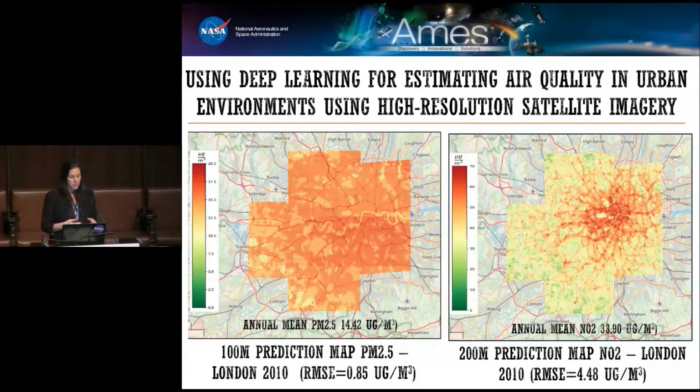For the PM, it's about 6% relative error, and for the NO2, about 13%. And we have a poster on this, so for more details, you can come to our poster tomorrow. We think this is a pretty exciting model, and our goal is to be able to transfer this model to developing cities in Africa.